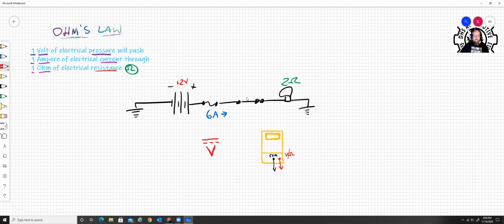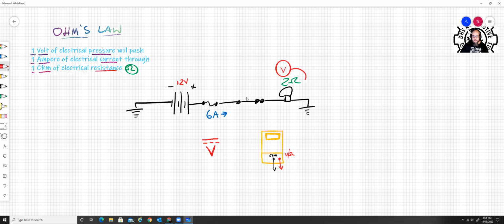And what you'll do is, if you want to measure voltage somewhere in the circuit, let's say you wanted to measure your battery. You get your meter, and you would just go from negative and positive with the meter, and you would get a reading. And you would measure your voltage. Let's say you wanted to measure how much voltage the light bulb was using.